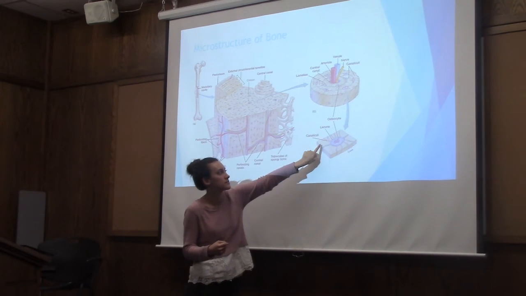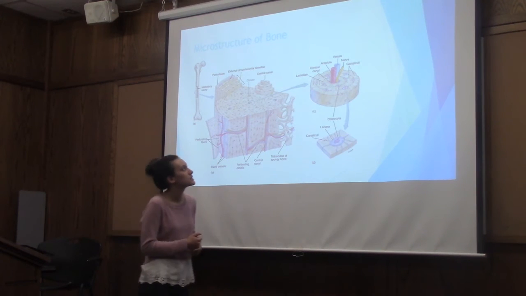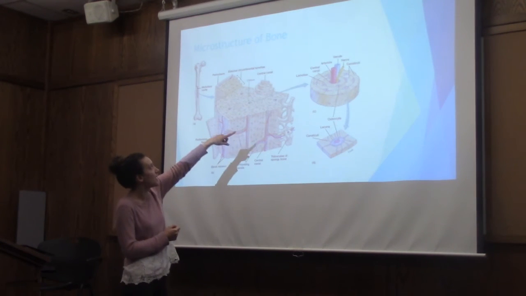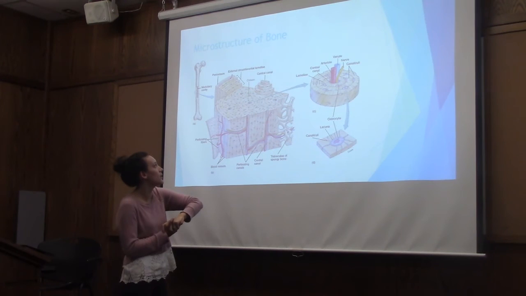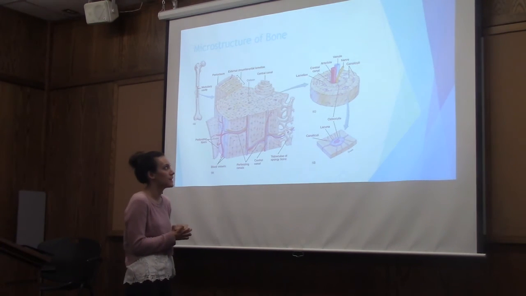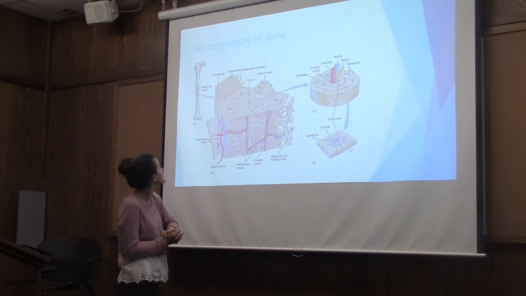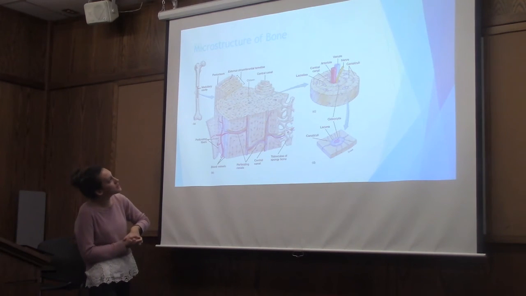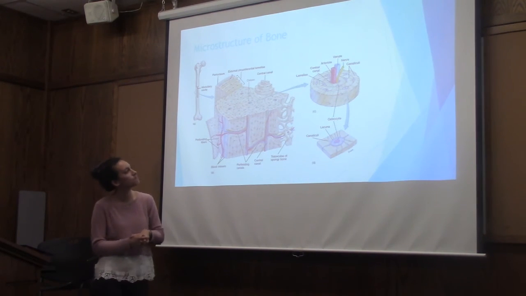Canaliculi are the little things coming out. And there's the central canal, also called the Haversian canal. You have nerves, arteries, and veins running through that. That was all you need to know.